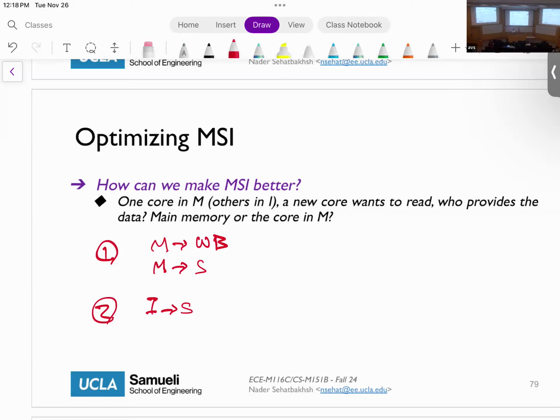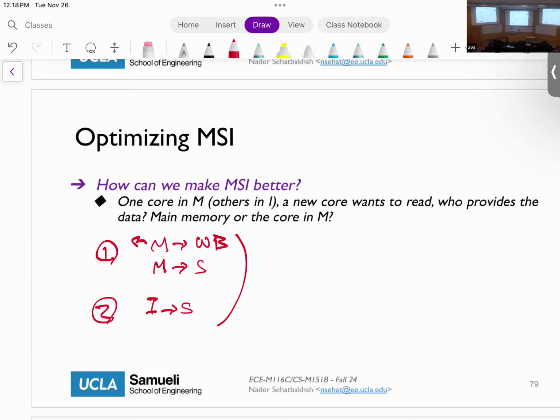So that's great. But then the question is that, looking at this, it seems that core number 1 has the data, and core number 2 wants to read this data that has been written back to the memory, right? So it seems that there is an unnecessary write to the memory and read from the memory in this process, which could have been easily fixed by forwarding the value from one cache to the other cache, okay?